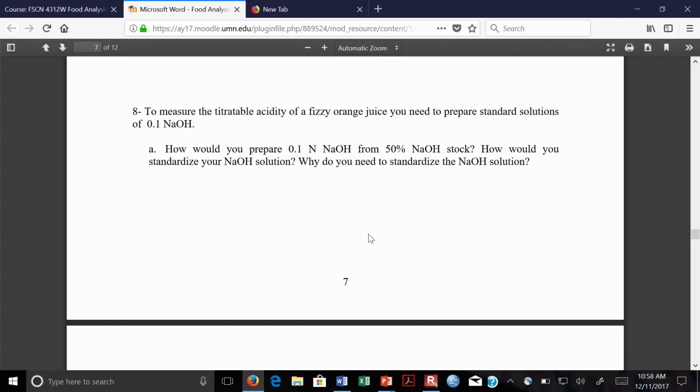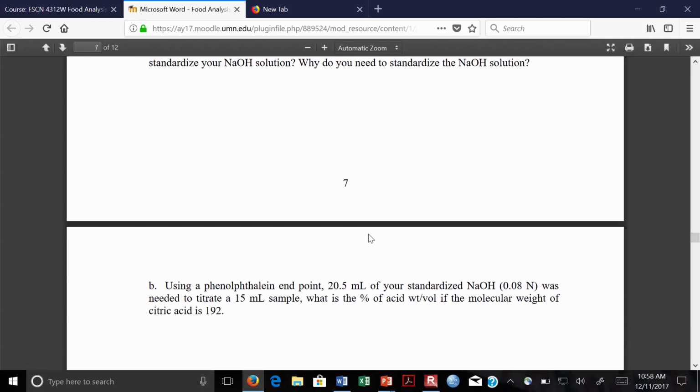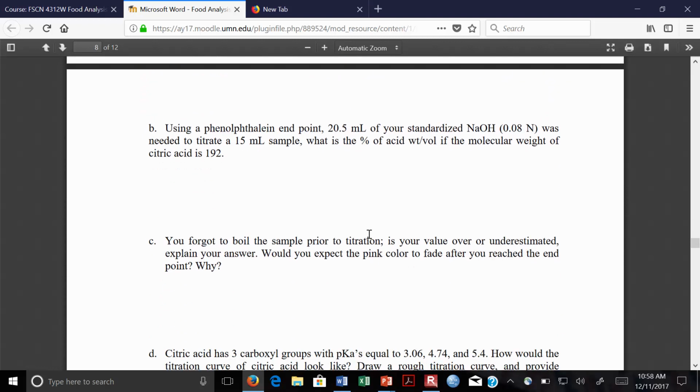And this question B is the same one as you got in the quiz. You just calculate percent acid. In this case, you have citric acid. Somewhere in the question, I would give you a hint towards how many pKa's you have, and that's when you need to convert to the equivalent weight.